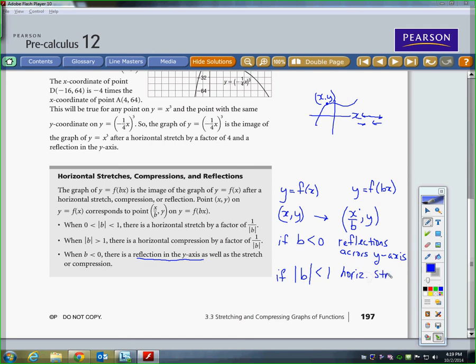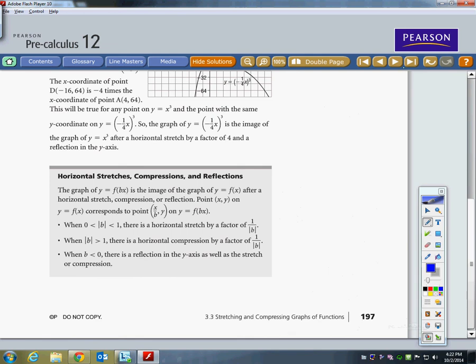And if the absolute value of b is greater than 1, hopefully you can read my writing okay, then we're going to get a horizontal compression. I hope that makes sense.